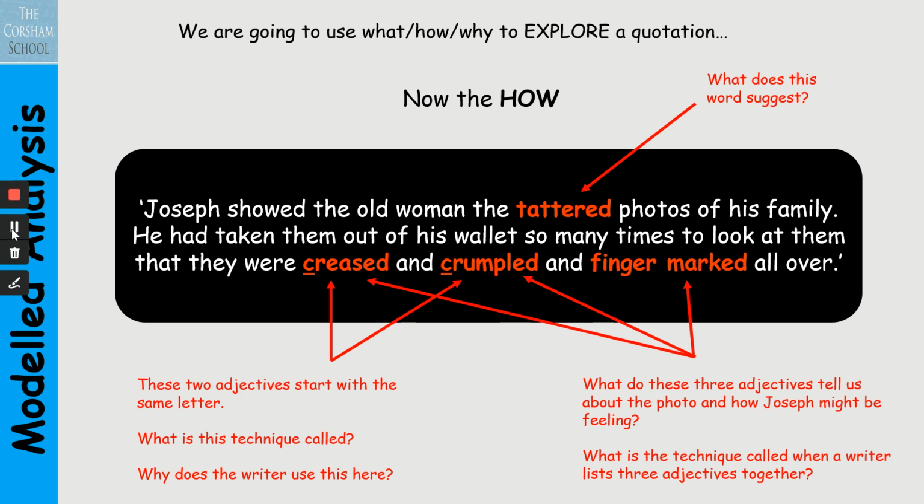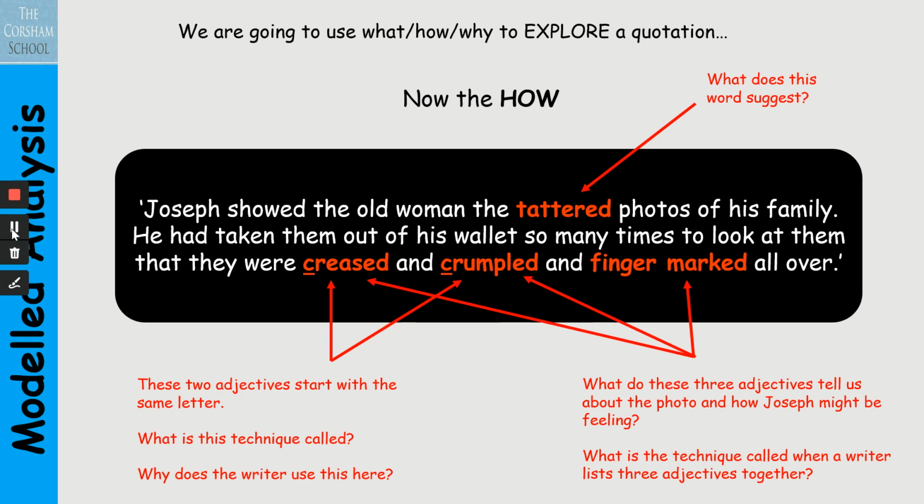They're creased and crumpled and they've got lots of finger marks all over them. Have they been looked at just once, twice, or lots and lots of times? Why might they be looked at lots of times? Can you remember what technique it is when a writer lists three adjectives together?